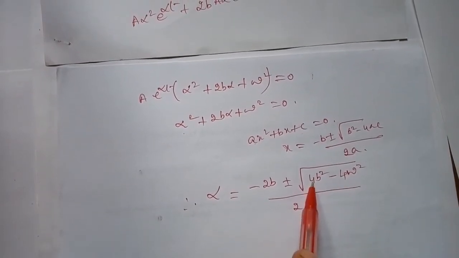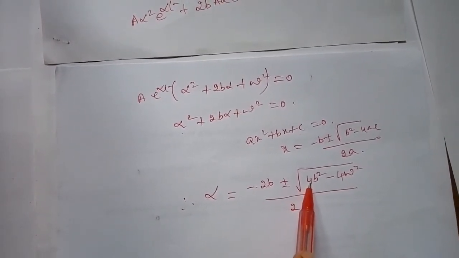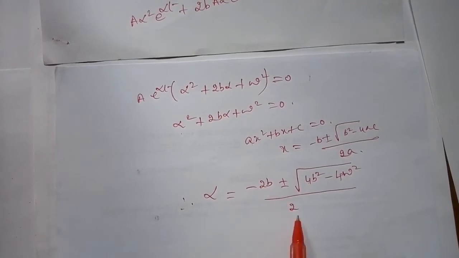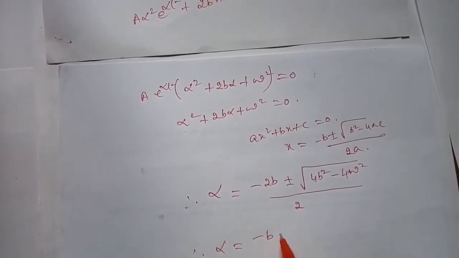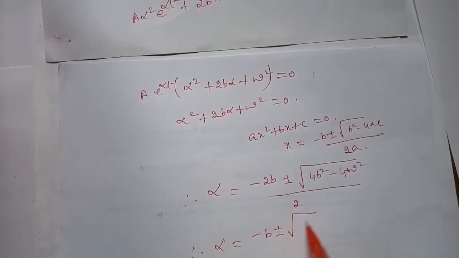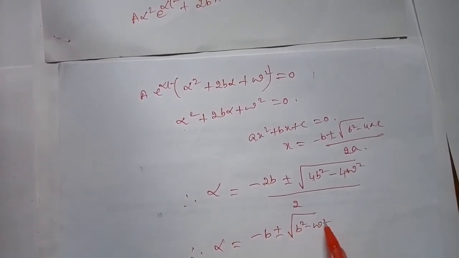Taking 2 as a common term from inside the square root, it gets cancelled, so α = −b ± √(b² − ω²).